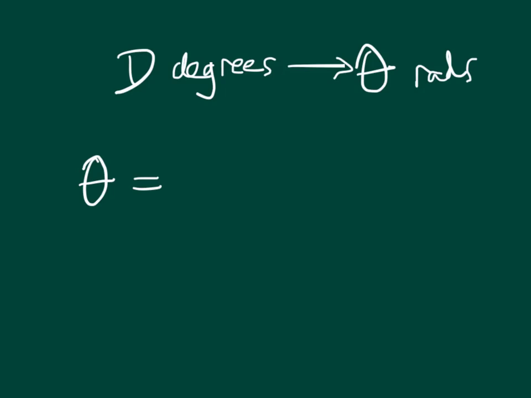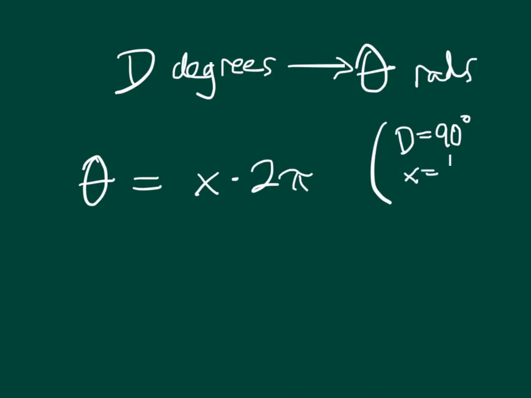What did we name that fraction? We named it x. So, for example, when d was 90 degrees, x was 1/4, because 90 degrees is 1/4 of the circle.